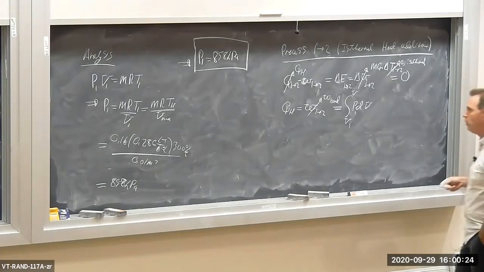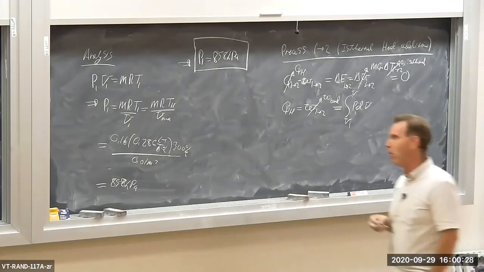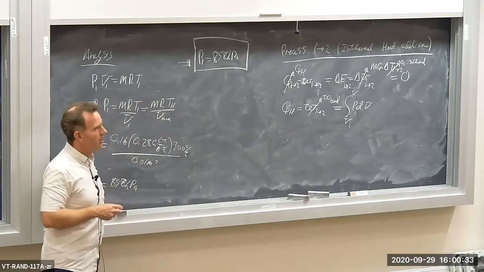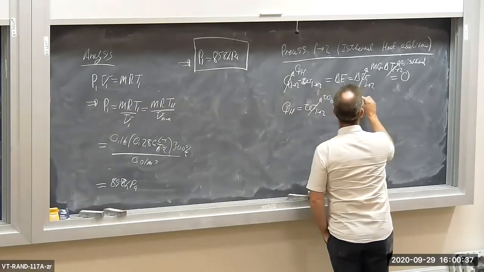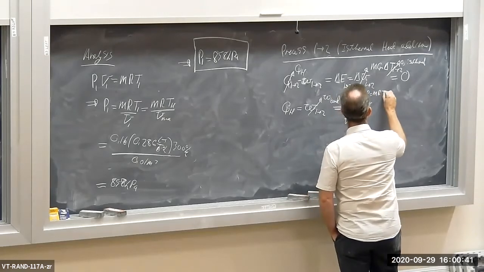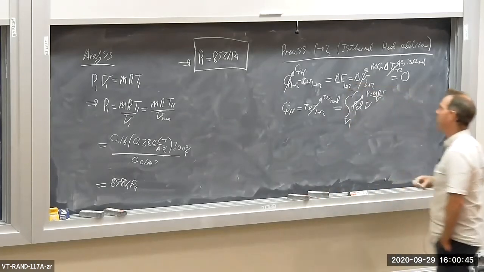So pressure is a function of volume for an isothermal process. Let's see, from the ideal gas law, pressure is equal to mRT over V.